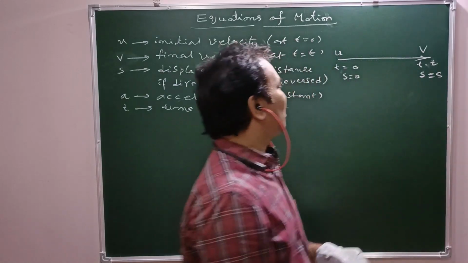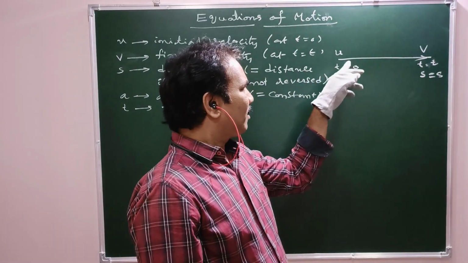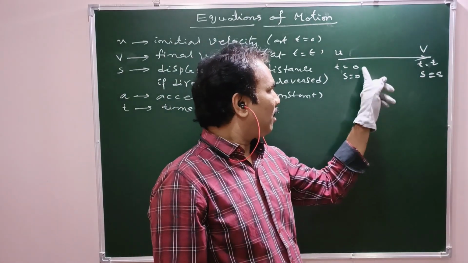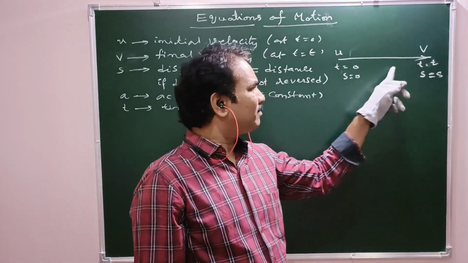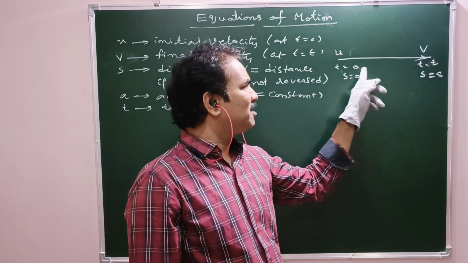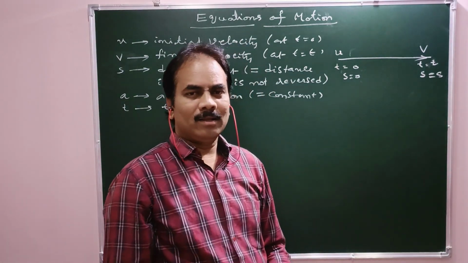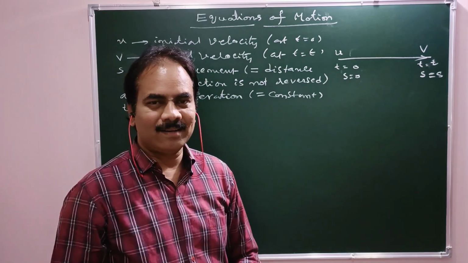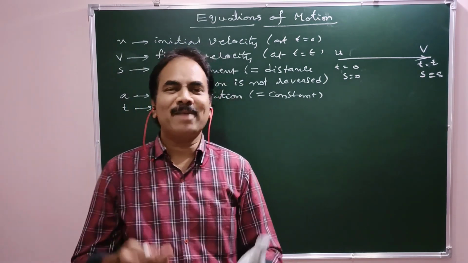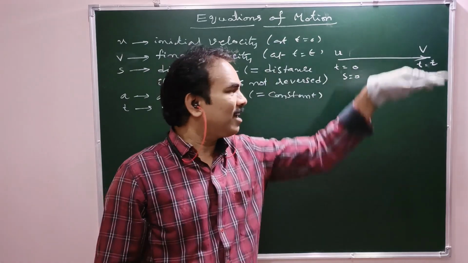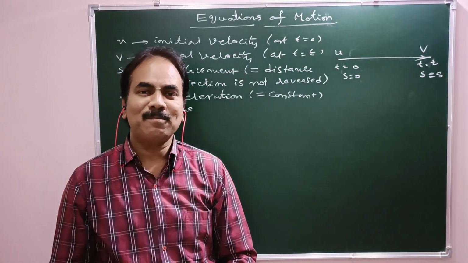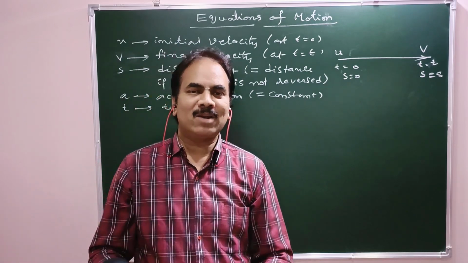Here the particle undergoes a change in velocity from u to v, covering a displacement s in the time interval 0 to t. Definitely the particle undergoes some change in velocity, which means it is accelerated. What kind of acceleration? Uniform acceleration. The path is a straight line, and moreover it undergoes equal changes in velocity in equal intervals of time, however small these time intervals may be.